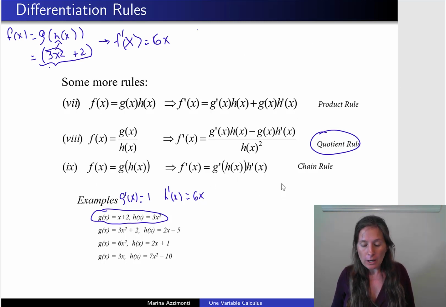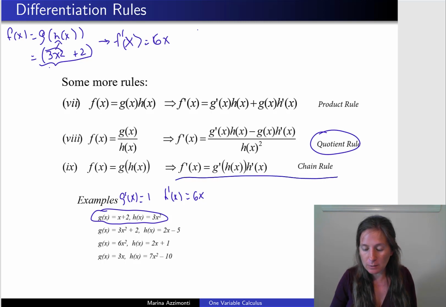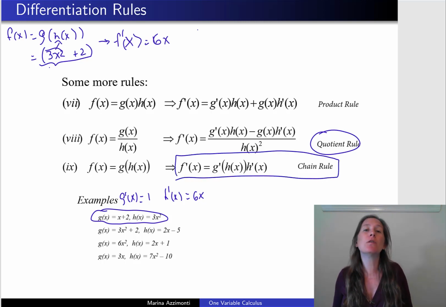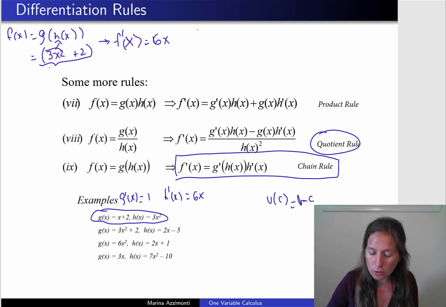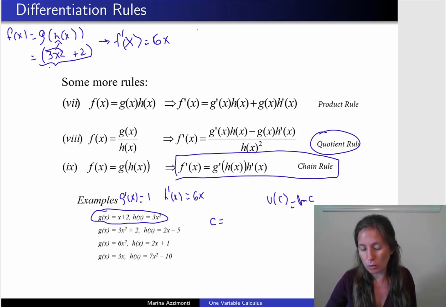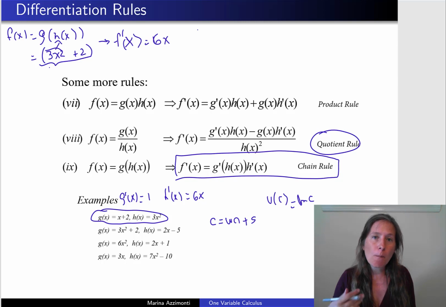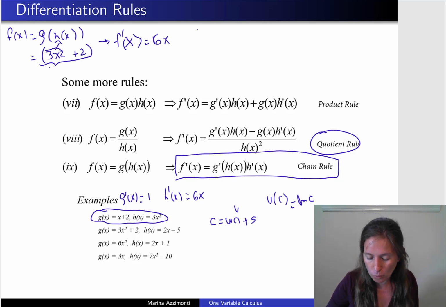Now, this last rule is called the chain rule, and let me emphasize, it is going to be very important because many times you have, for example, a utility function, u of c is the natural log of c, and then you have a budget constraint that says that your consumption is wn plus s. So sometimes what you want to figure out is how much your utility changes when you change the number of hours worked. So what is the change in u when you change n?